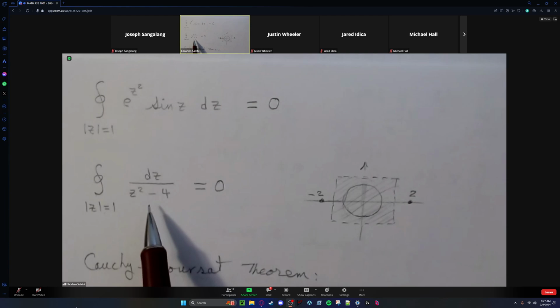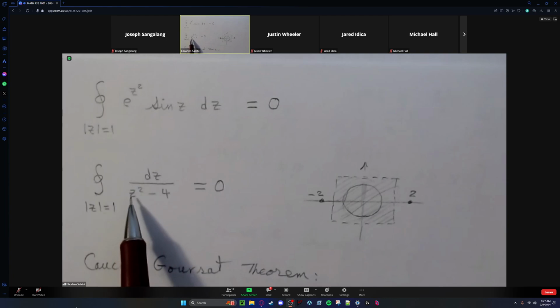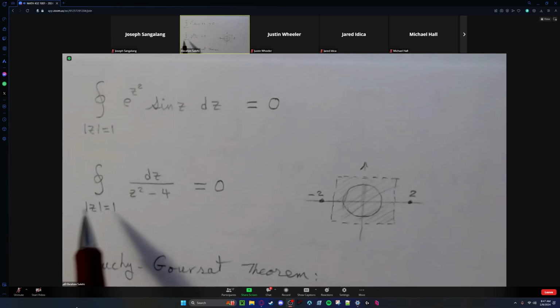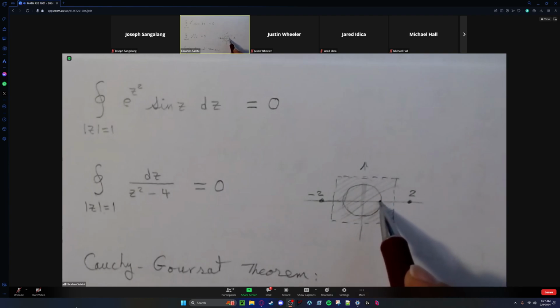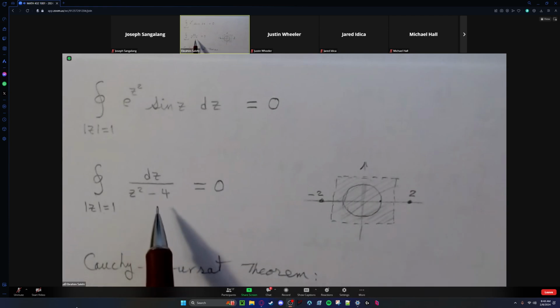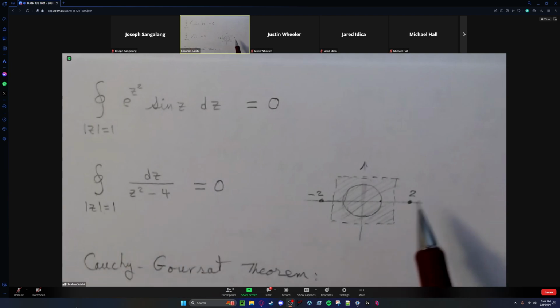Here's another example. I am integrating this function, 1 over z squared minus 4, over the unit circle. Here is the unit circle, right? Here is 1. But the roots of the denominator, which make it really bad points, are plus minus 2.